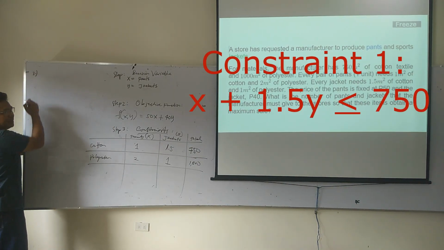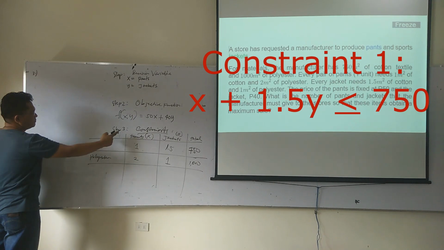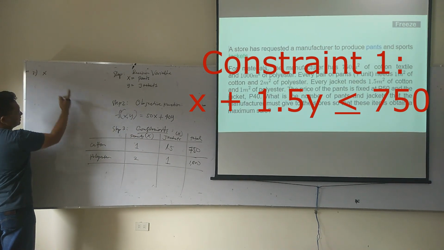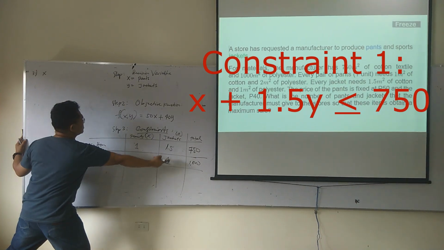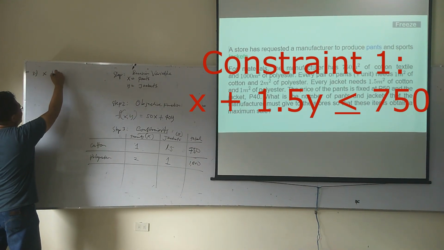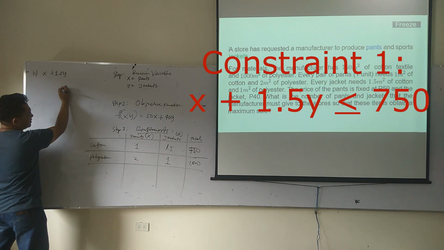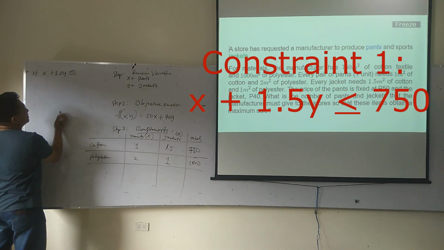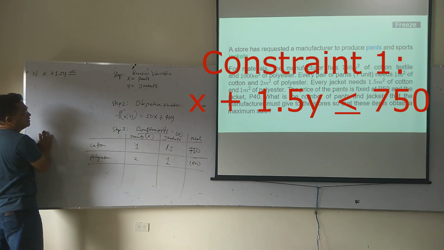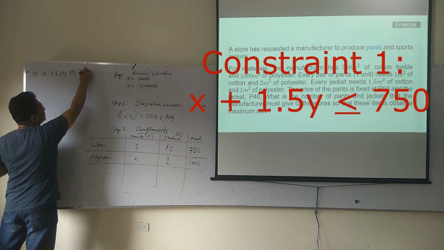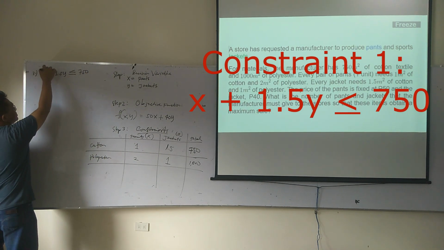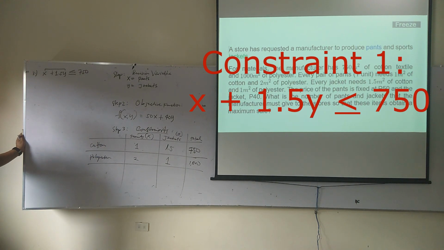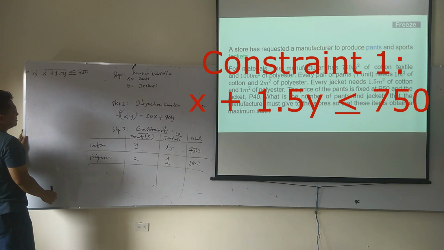This is still number 3. Pants x, so 1x, plus 1.5y for jackets should not be beyond 750. So this combination should be less than or equal to 750.